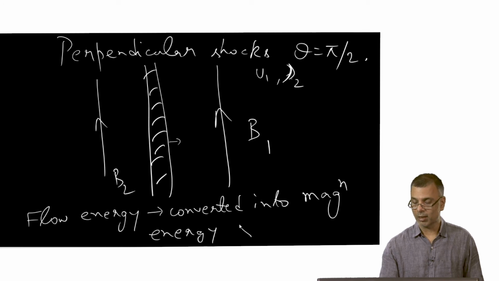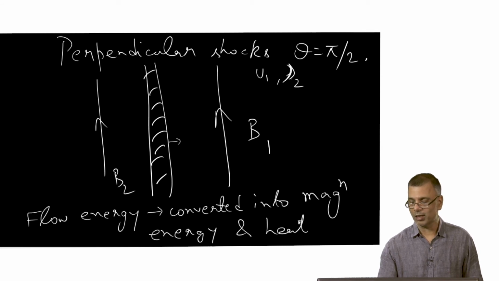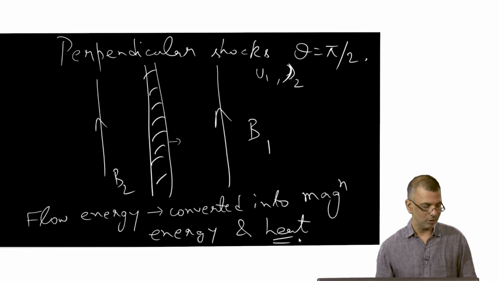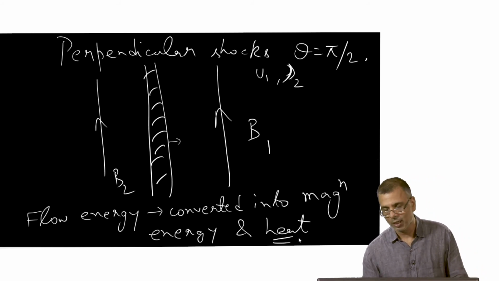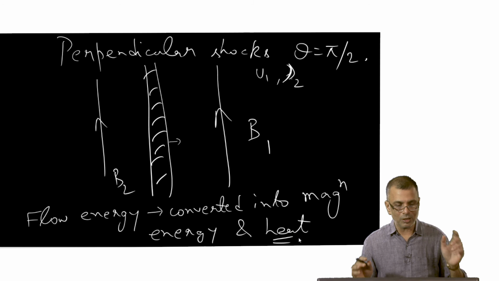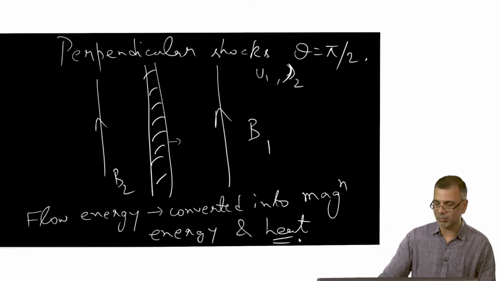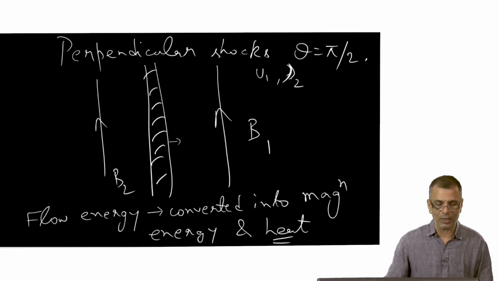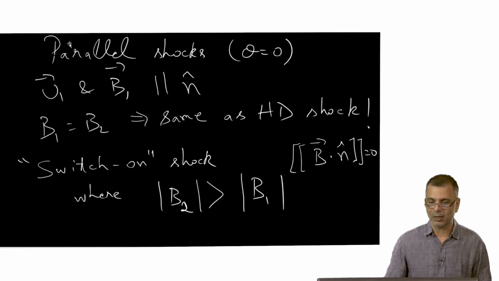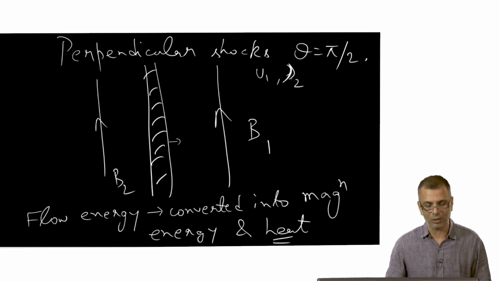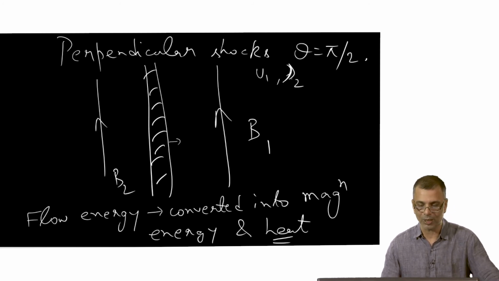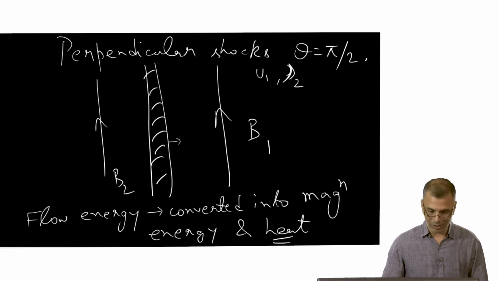Well, heat, if there is a means of viscous dissipation, of course, that needs to be kept in mind. But the main thing is there is a chance for flow energy to be converted into magnetic energy, whereas that possibility did not exist with parallel shocks, especially if B1 is equal to B2, where it reduces to being the same as a hydrodynamic shock. So that's the one thing.